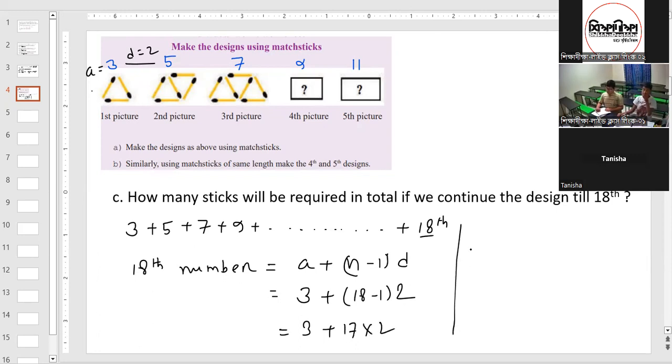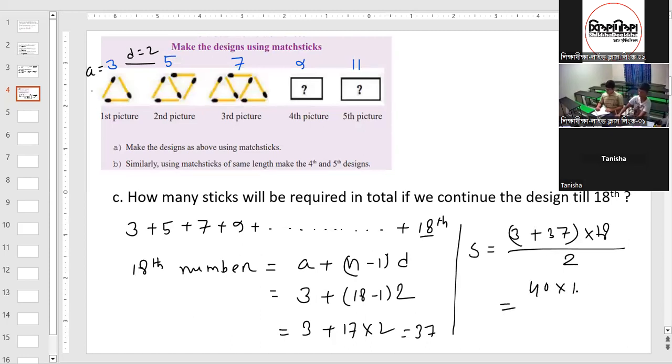Now for the sum, the first number is 3 and the last number is actually 37, right? So the last number is 37 and the number of numbers is 18. So 40 multiplied by 18 divided by 2 is 360, and we will require that many sticks.